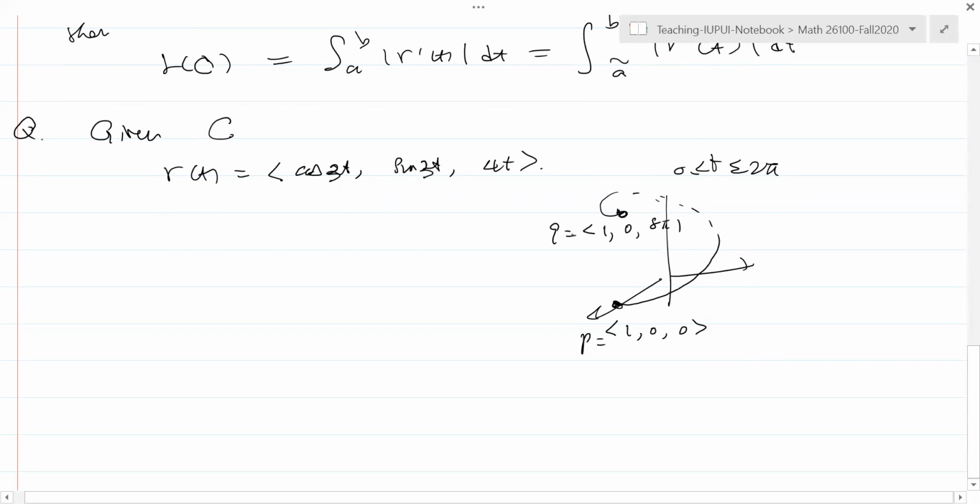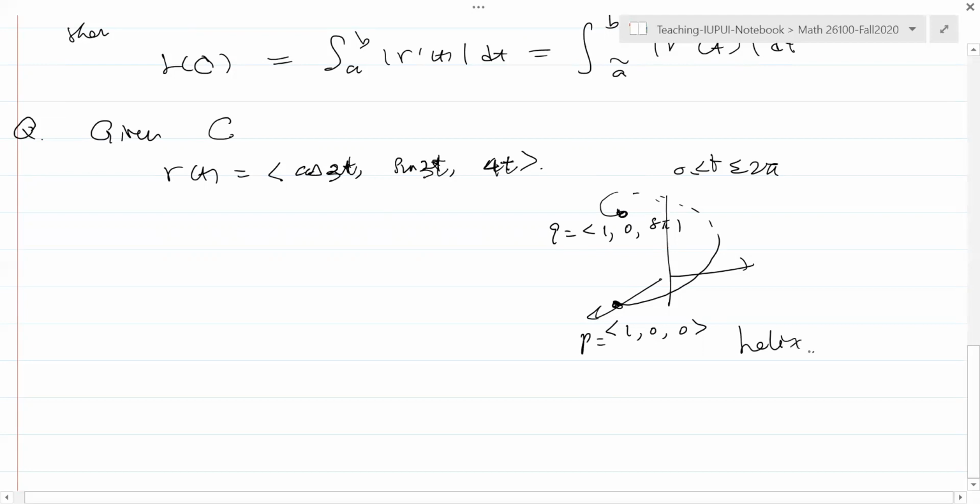Is that my Q, 8 pi? This is a helix. We call it helix.